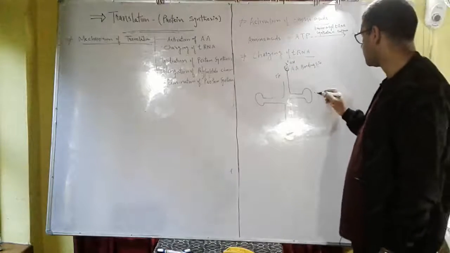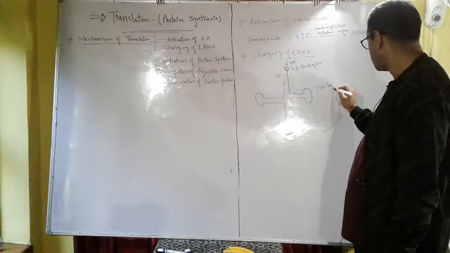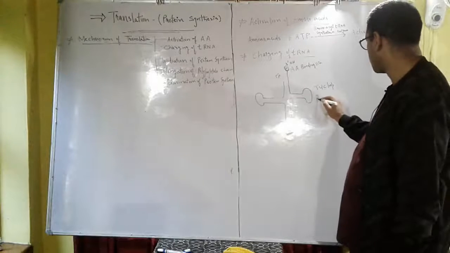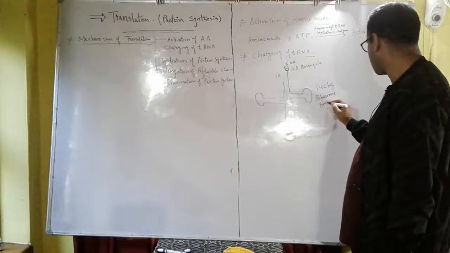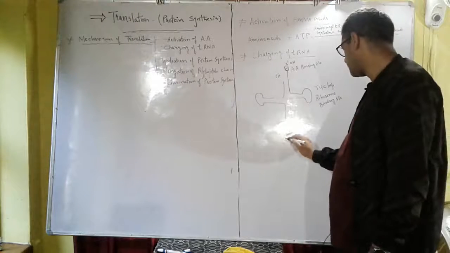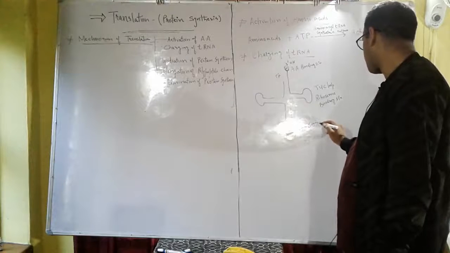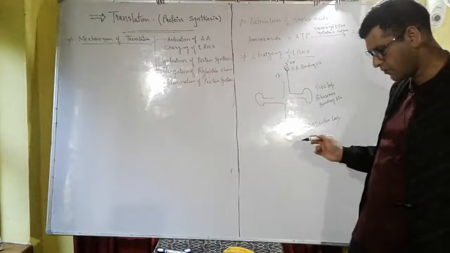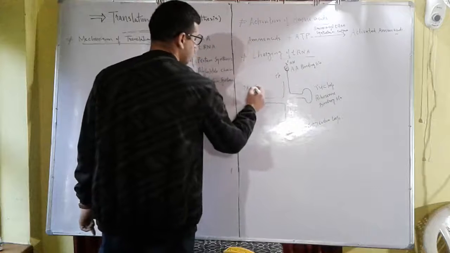Then we have another. This is called the T-C loop. This is the ribosome binding site. This is what is called the anticodon loop. And here we have the dihydrouridine loop, the DHU loop.